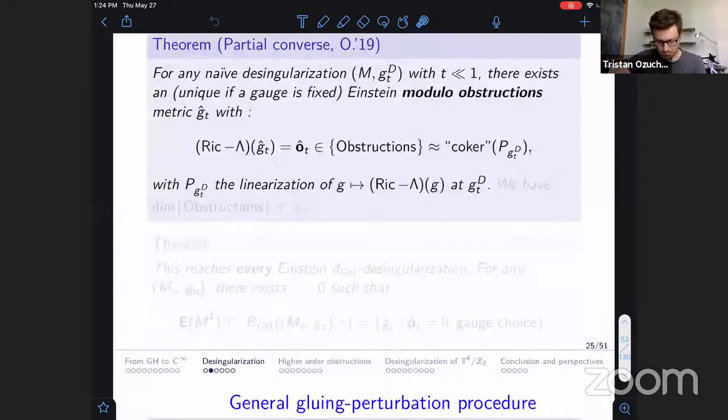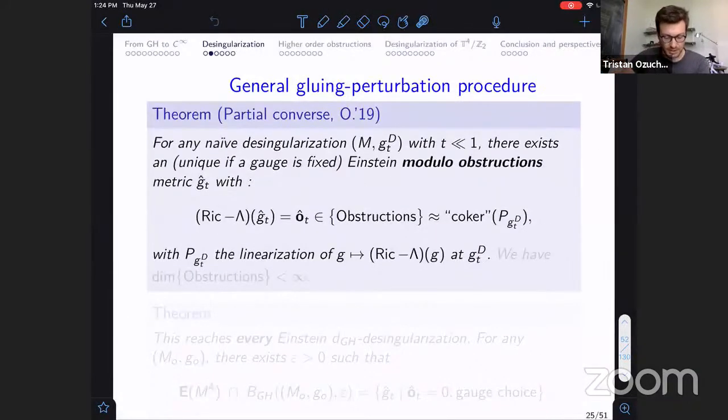Well, we can perturb it to not an Einstein metric, but an Einstein modulo obstruction metric. It means that we are not exactly solving the Einstein equation, which would be this equal to 0, but we are solving it up to a finite dimensional space, which is the co-kernel of the linearization of Ricci minus lambda. So we have solved the Einstein equation up to a finite dimensional space.